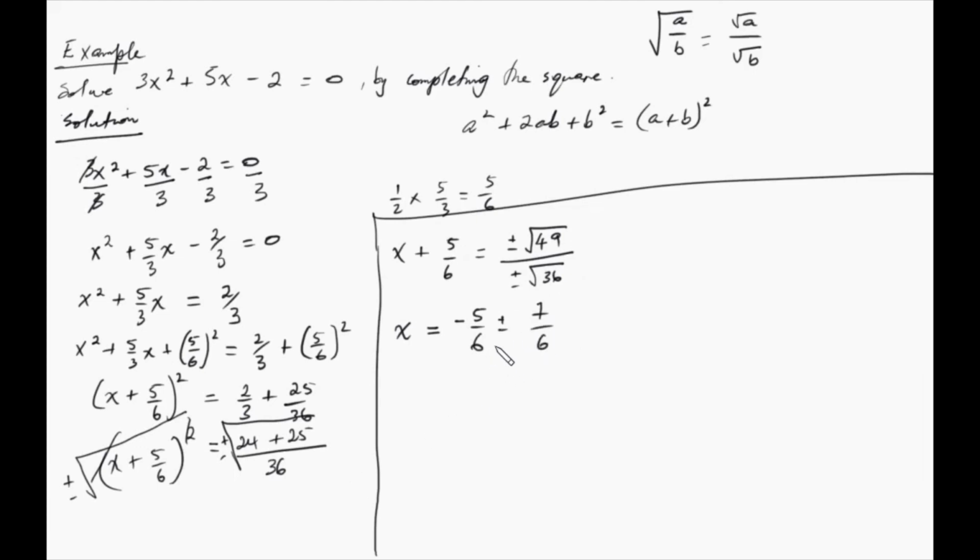Okay? Now, what does this become? It becomes negative 5 over 6 plus 7 over 6, or negative 5 over 6 minus 7 over 6.